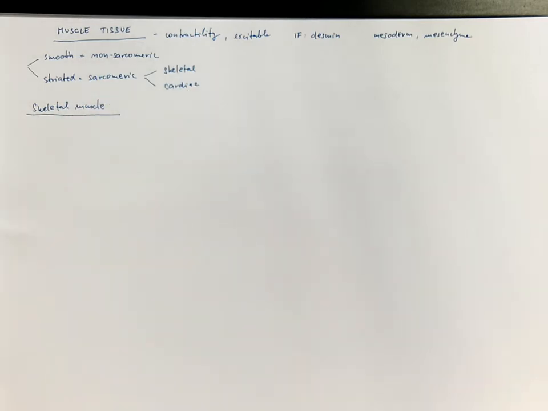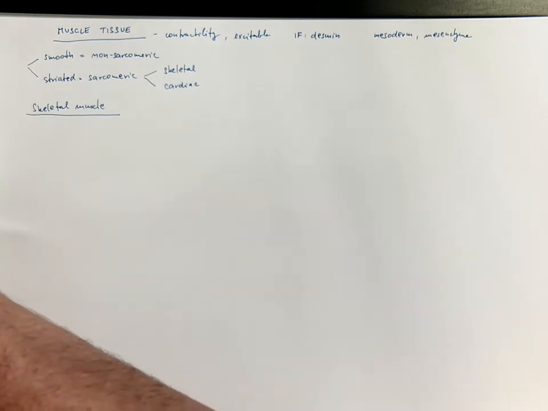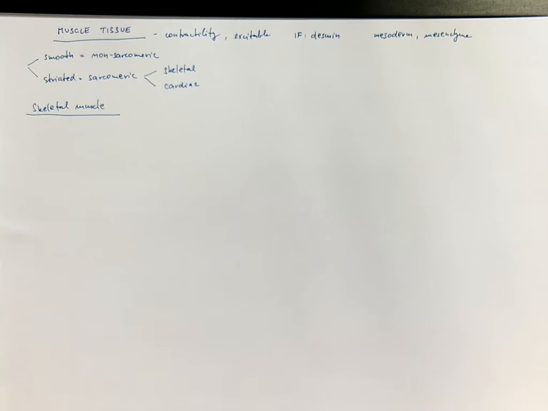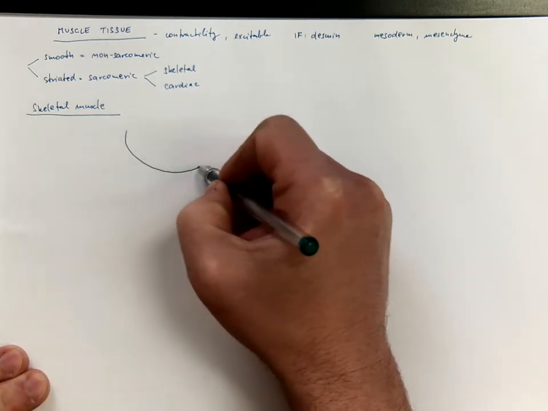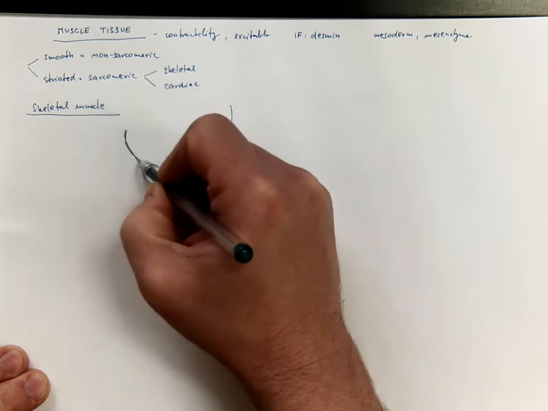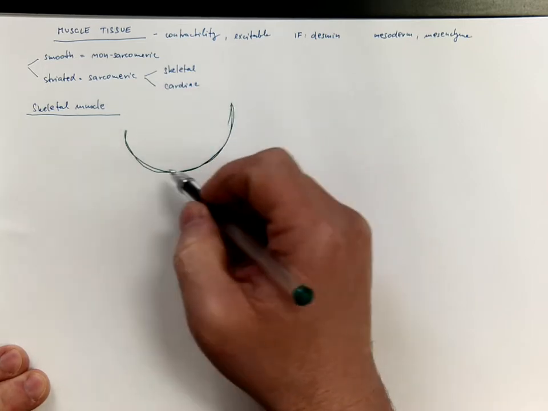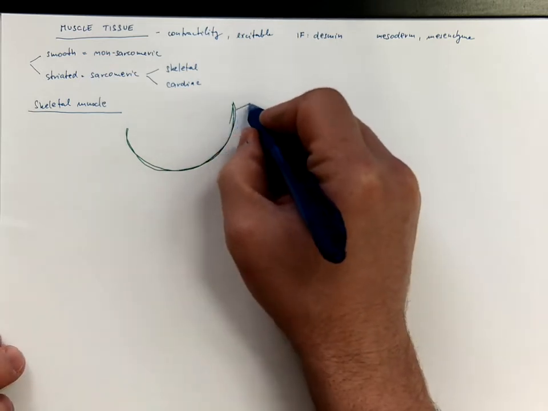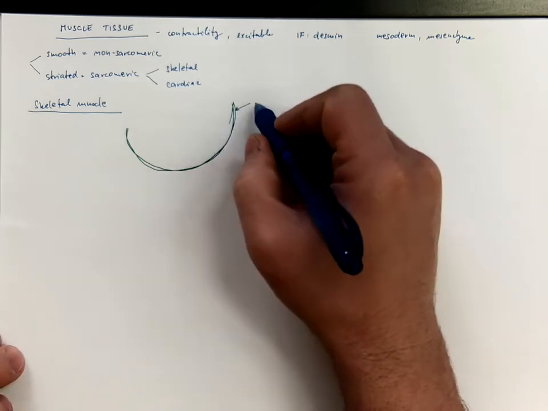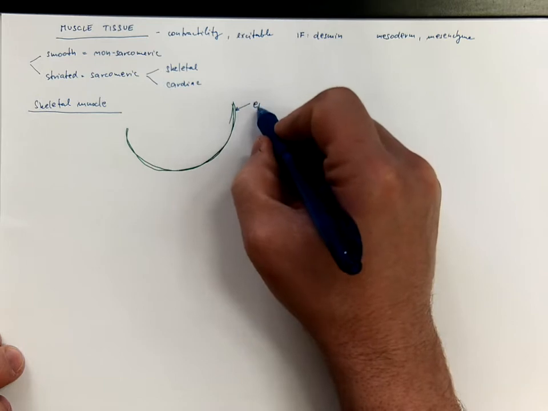So if we proceed from macroscopic to microscopic view, you can see that the outer aspect of the whole muscle is covered by a layer of connective tissue called epimysium.